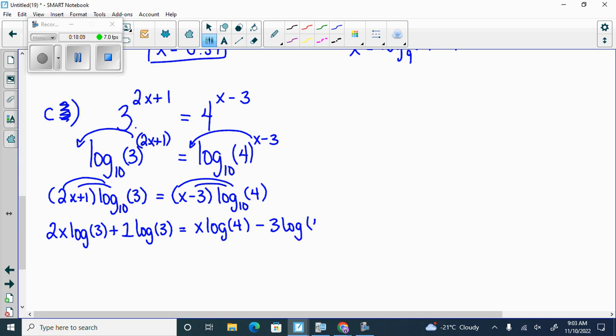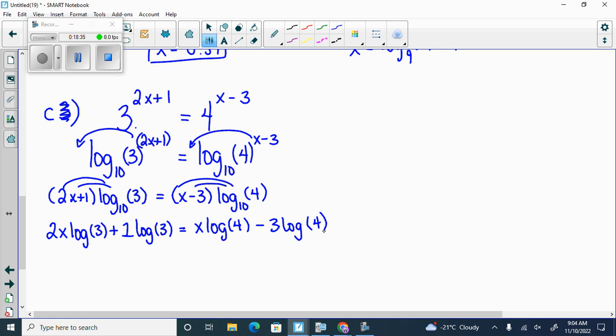What do you suppose we're going to do here? If you don't know what to do next, pretend the logs are just numbers, okay? So this would be like 3x plus 7 equals 4x minus 8, right? Make it so the x's are on one side. If you had 3x and 4x, one on one side, one on the other, you would move them to one side, correct?